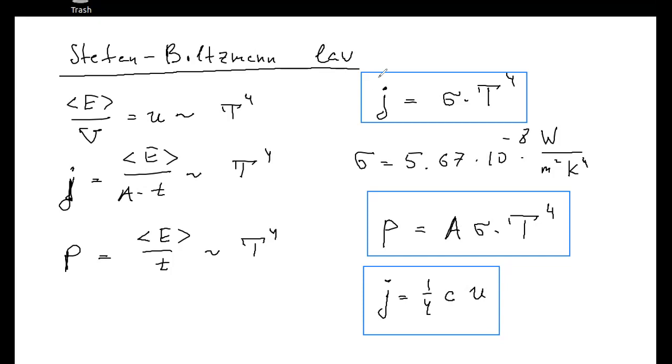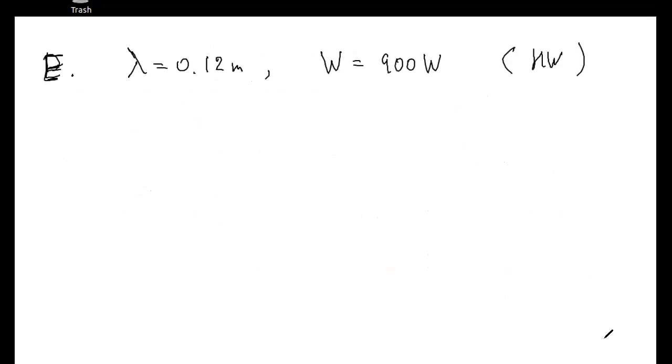Or you can calculate the flux or intensity, how much energy per unit of time, per unit of area is radiated from this source. Or you can find the density of energy. And one of the interesting examples is that you can calculate how much power is radiated by our sun. So that's what we can do as the last example.